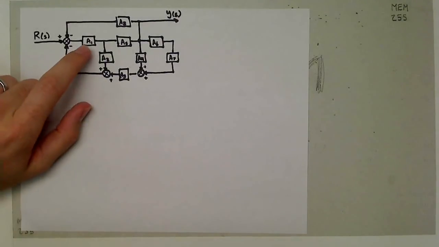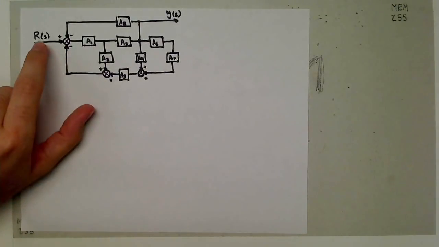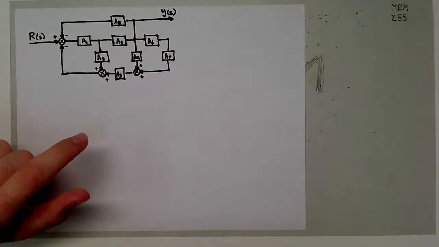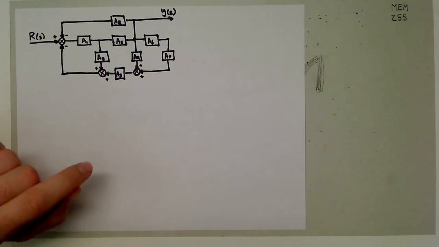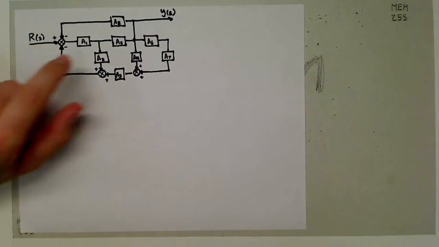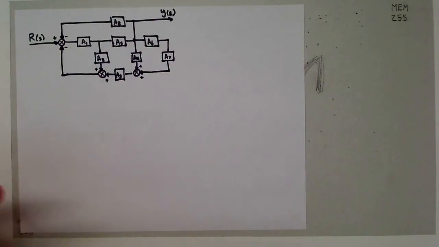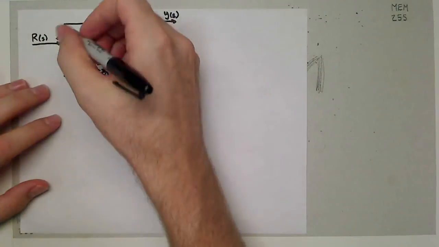My gains are denoted by A, my input is denoted by R, my output is denoted by Y. All the nodes that aren't labeled already, so those that aren't R and Y, I'm going to start labeling from B on. Really straightforward.